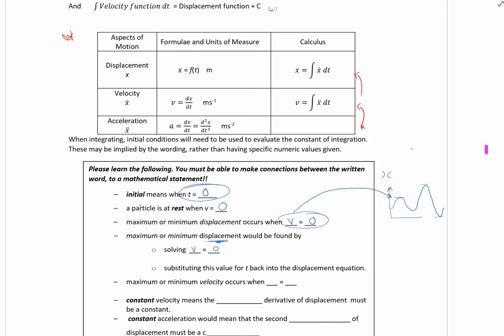So that's really what our focus has to be. That's the understanding that we're building. It's not about differentiating and integrating, you've already perfected that. It's now its application.